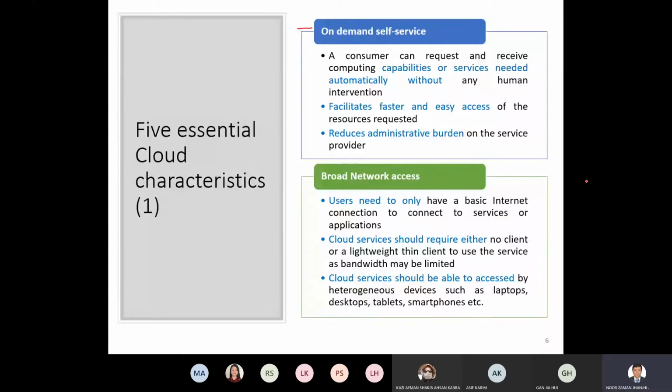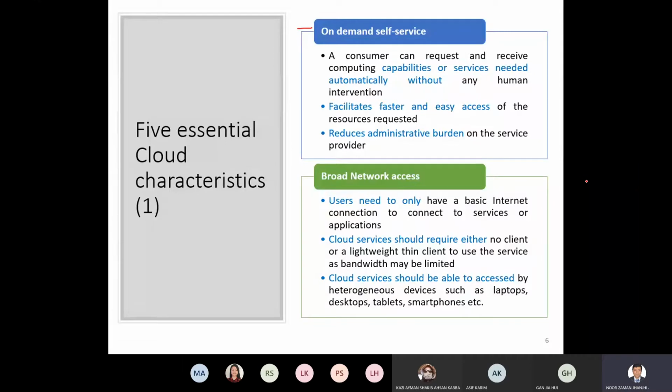The other thing is that you are using the free service, but in case you use more, then you have to pay, and the rate of the services will be at the same standard. That's why we call it a basic characteristic that the cloud should be capable of providing on-demand self-service.